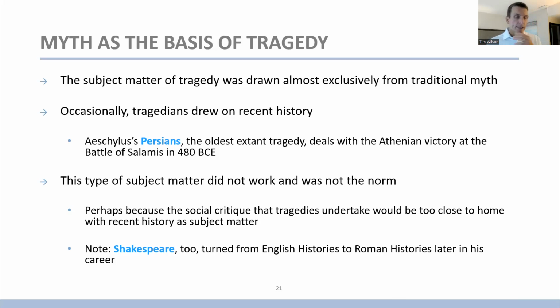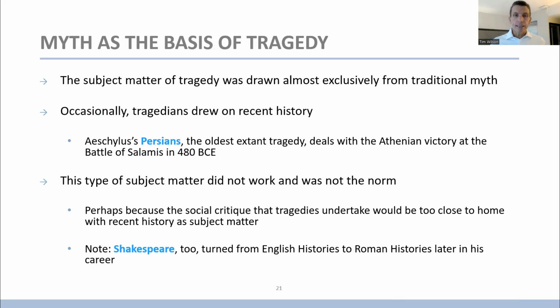I'll note here, as you see in the bottom bullet, that Shakespeare too, in the early to late 1590s when he was writing, took on English history as subject matter, dealing with relatively recent English history, such as the War of the Roses that had happened maybe a century and a half before his time, and led to the installation of the Tudor dynasty that he was writing under in the form of Elizabeth I. So is that too close to home?